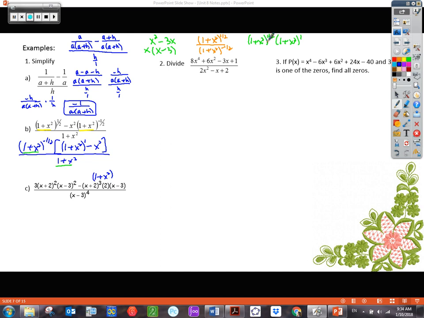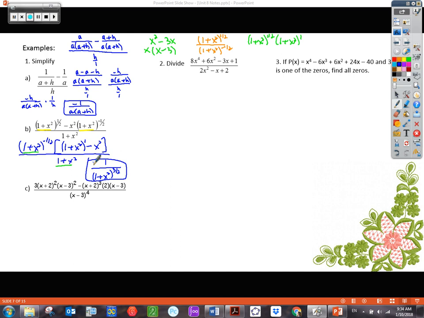So we know 1/2 plus 1 is 3/2. That's what I would have in the denominator when I bring this one down. And then it's a matter of cleanup. I need to clean up this mess over here. Combine like terms. So 1 plus x squared minus x squared is simply a 1. And that would be my answer. Okay, we okay with that?